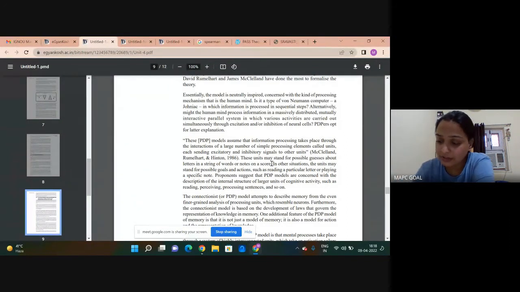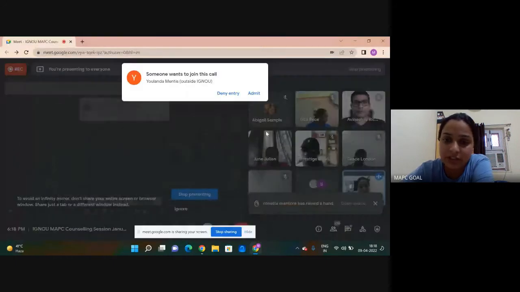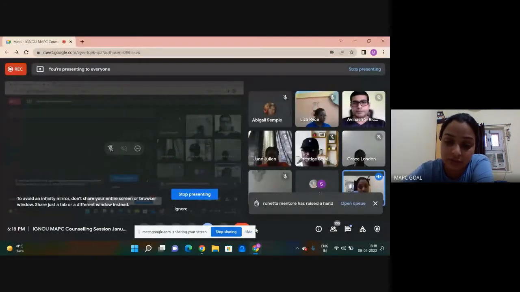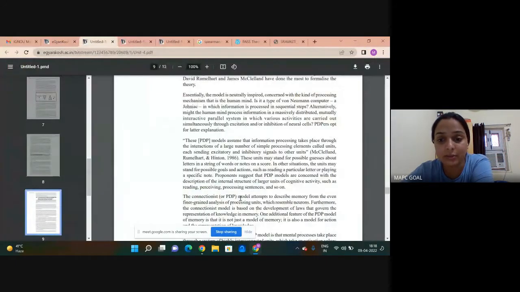The need was that other researchers believed that we process information at three levels: the sensory or working memory, then short-term memory, and then long-term memory. But the PDP model says no, we process information simultaneously. It's not that first we send it to short-term memory and then send it to long-term memory.